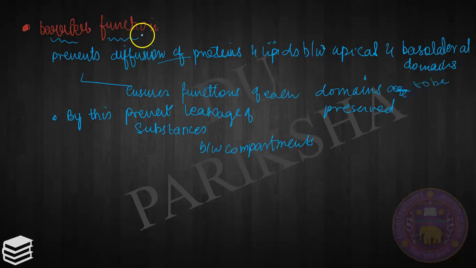Then it also acts as a barrier function, to prevent the passage of the molecules and ions through the space between plasma membranes of the adjacent cells. By this, इसकी वजह से ये क्या करते हैं, prevent करते हैं leakage of the molecules between the compartments.